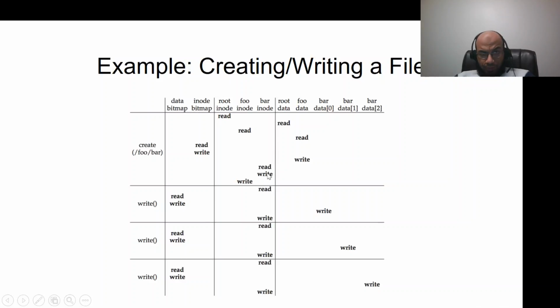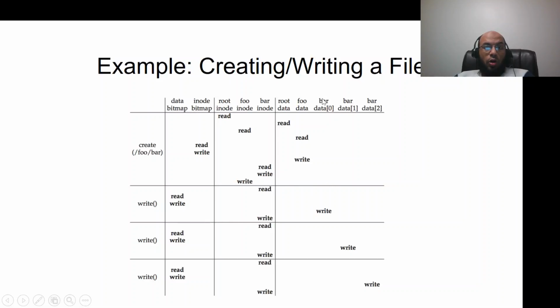You write to the file inode last time this file was accessed, and then you write to the foo inode last time this file was accessed, and then you start writing in the data bitmap, starting allocating data blocks.